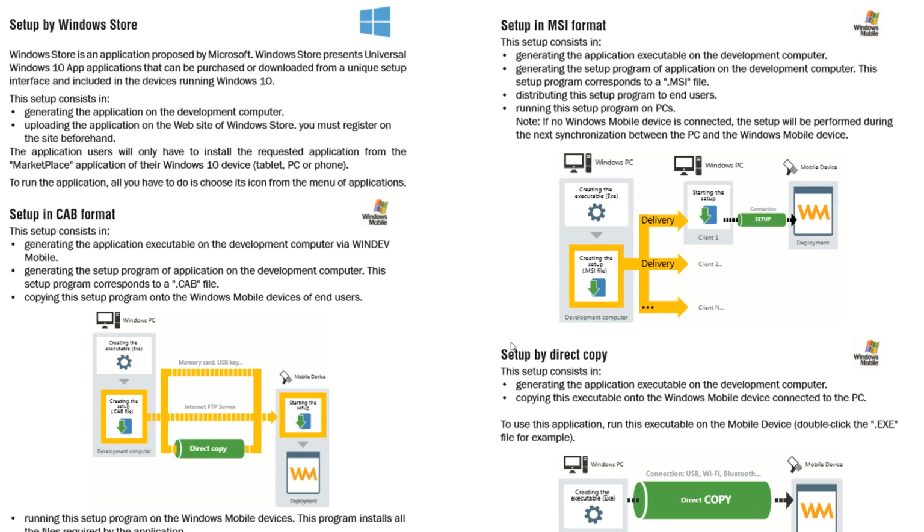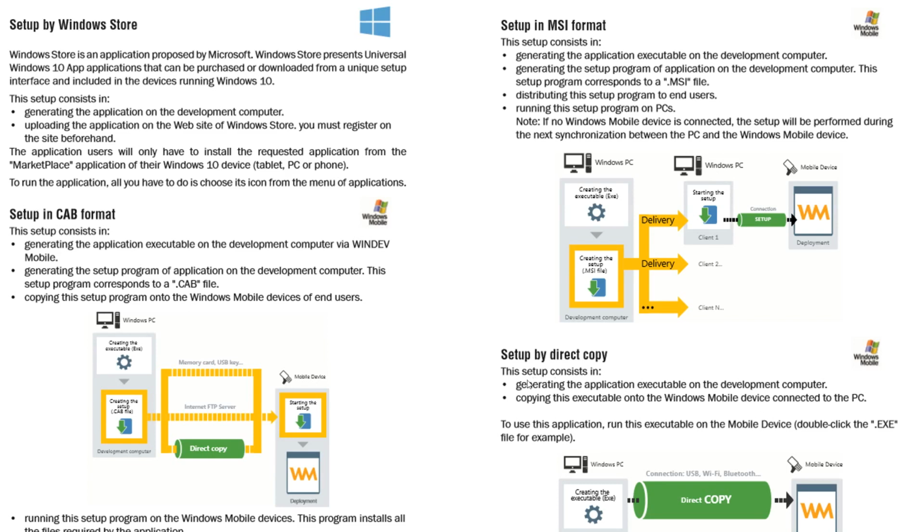The third is setup by direct copy. This setup consists of generating the executable on the development computer, and copying this executable onto the Windows mobile device connected to the PC.